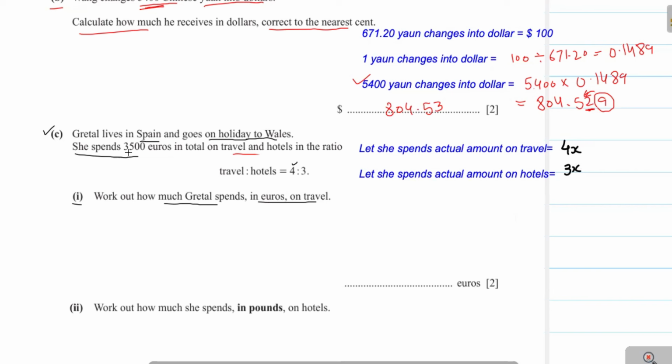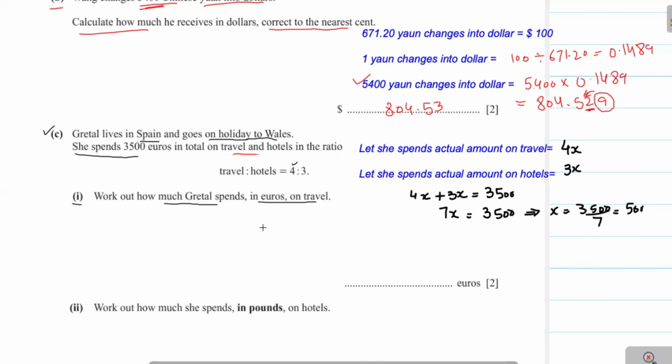Here is the statement, she spent 3,500 in total. Therefore, the total 4x plus 3x will be equal to 3,500, and therefore 7x will be equal to 3,500, and therefore x will be equal to 3,500 over 7. This is equal to 500.